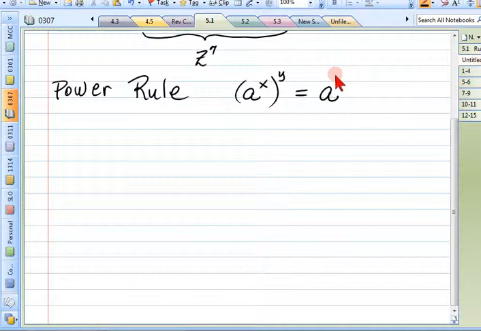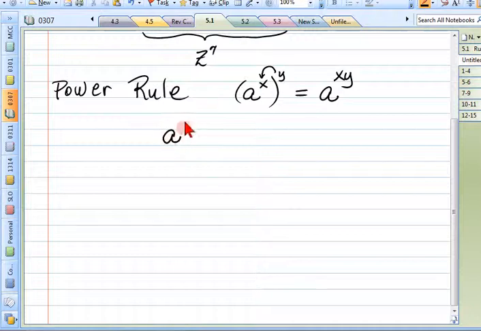This will be a to the xy power. Yes, and you have just identified a visual clue. When you see parentheses and a power on the outside, you're probably dealing with the power rule, and you multiply the two exponents.